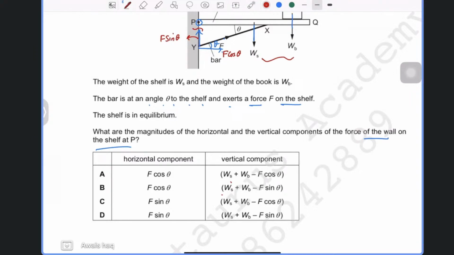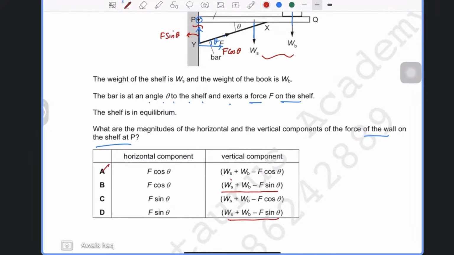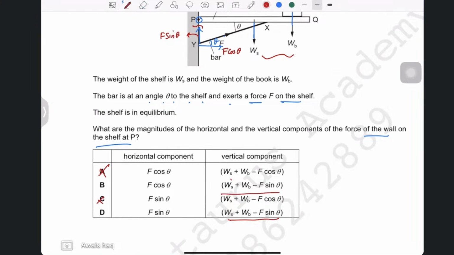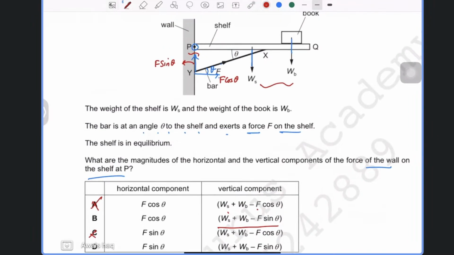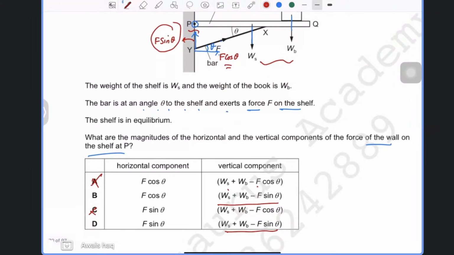So either this answer is correct or this answer is correct. Do you guys understand that? This answer is absolutely wrong because of the cos theta. How did you get that? I got it because sine theta is a vertical force. You can only add or subtract a vertical force with vertical forces. You can't add cos theta with them. You get it?